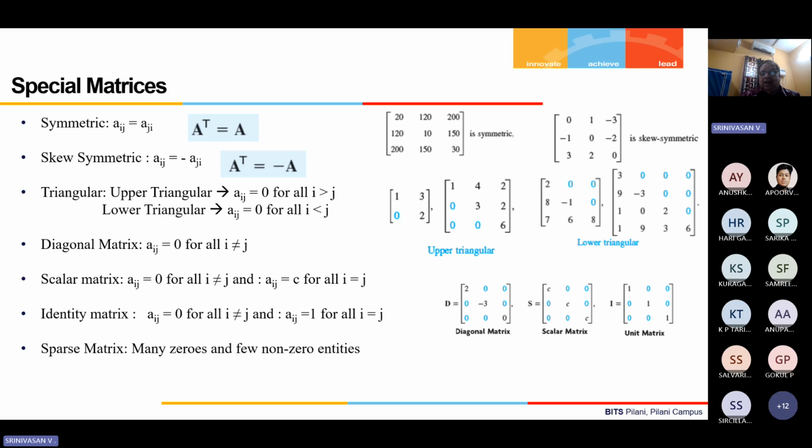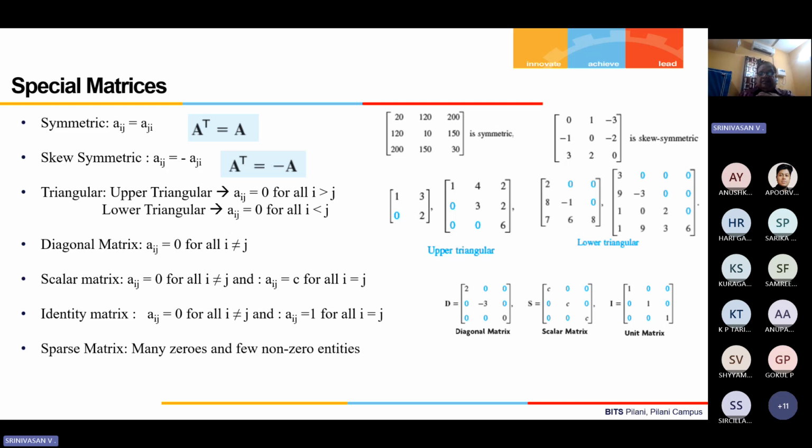This is the principal diagonal having elements 1, 3, 6. Below that, all of them are zeros. Now look at this condition: A21, 2 greater than 1. A31, 3 greater than 1. A32, 3 greater than 2. So instead of remembering it this way, you can easily remember that below the principal diagonal, all elements must be zero for an upper triangular matrix.